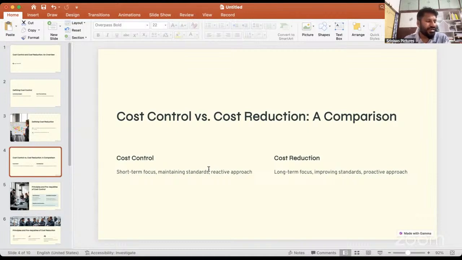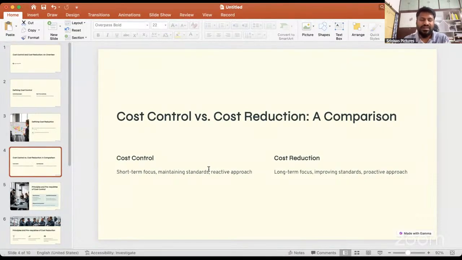Cost control represents the effort made towards achieving the target goals, whereas cost reduction represents the achievement of reduction of cost in all the efforts to reach the goals. Here the targeted goal is different from all goals.